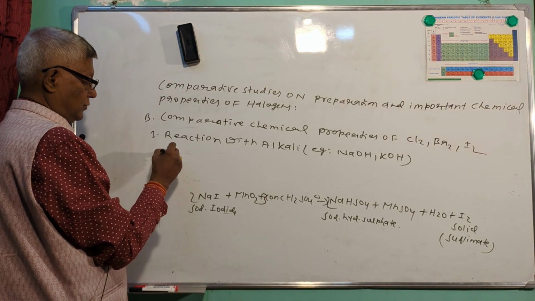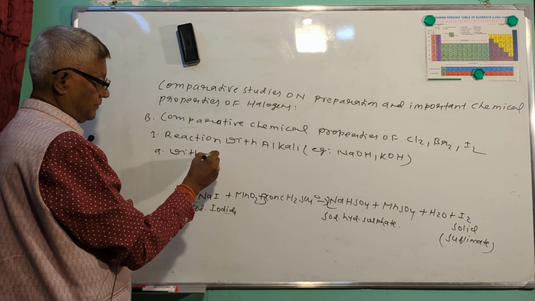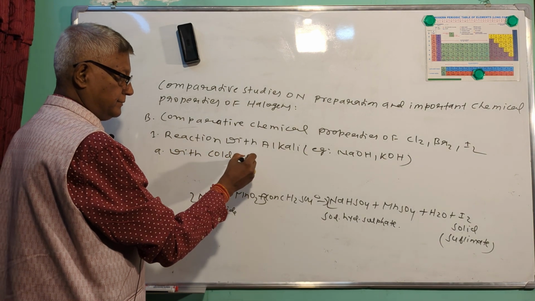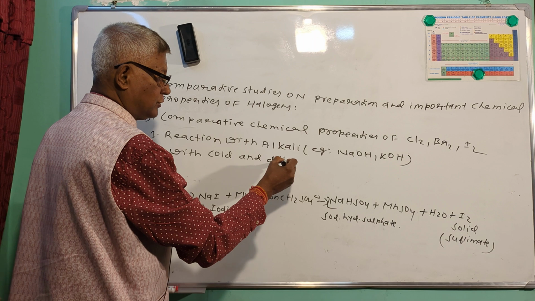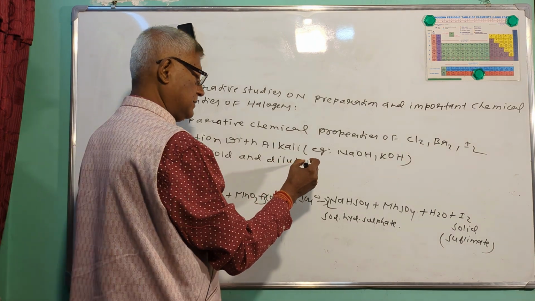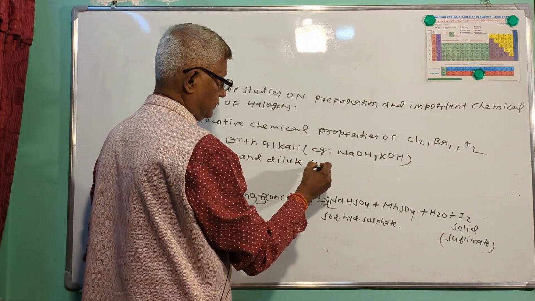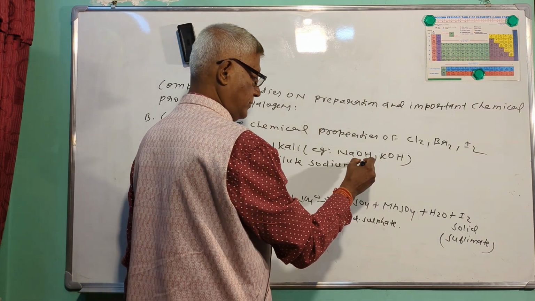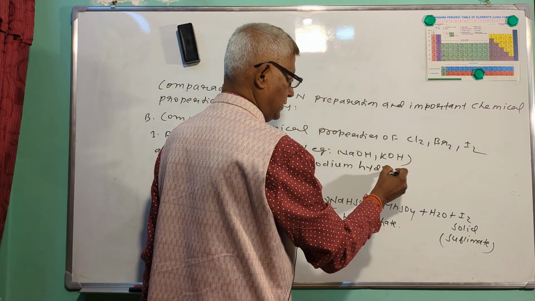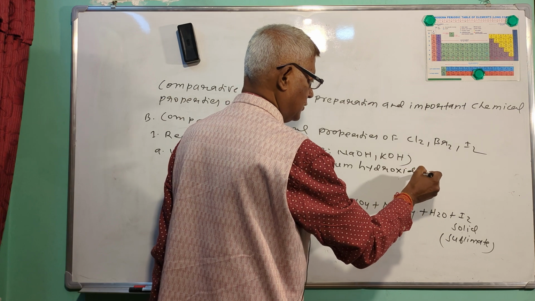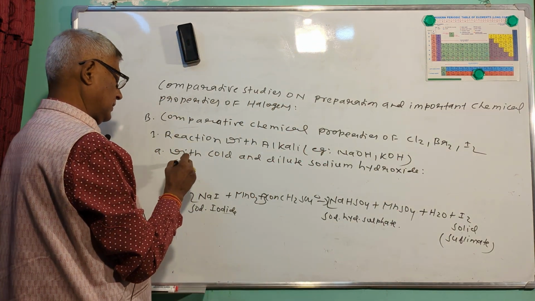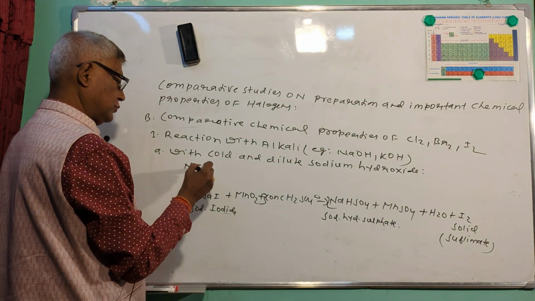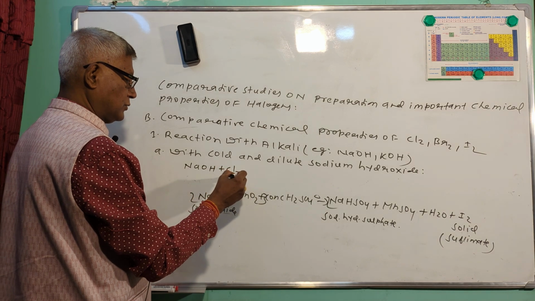A, with cold and dilute. Dilute means low concentration. Dilute sodium hydroxide, we can use potassium hydroxide over here. Sodium hydroxide. So what do you get over here? Sodium hydroxide plus chlorine.